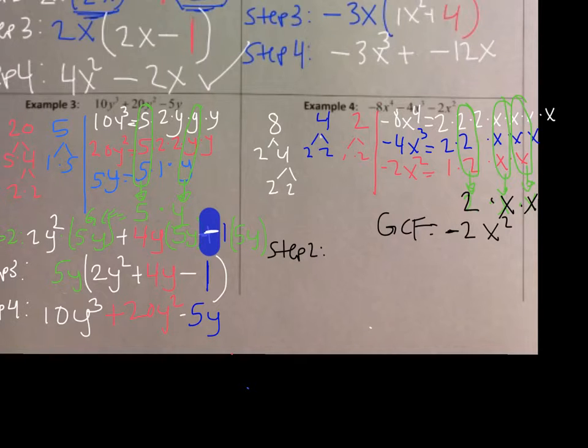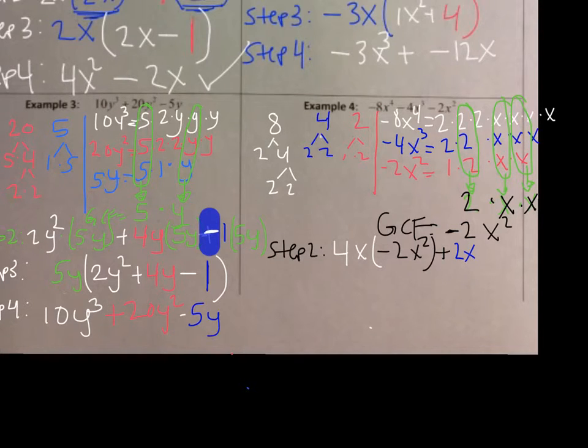When we factor negative 2x squared out of 8x to the 4th power, we're left with 4x times our greatest common factor, negative 2x squared, plus, when we factor the negative 2x squared out of the negative 4x cubed, we're left with just 2x.